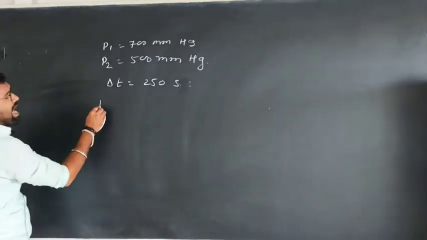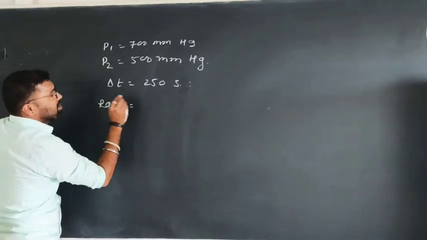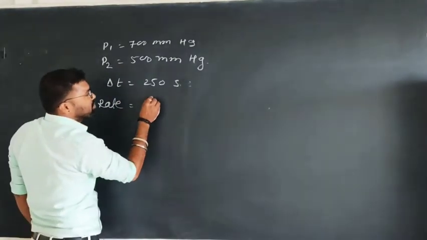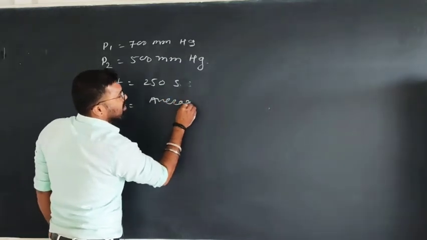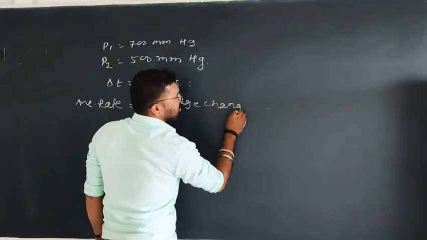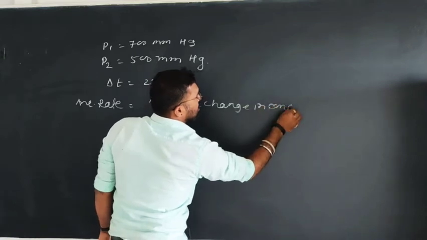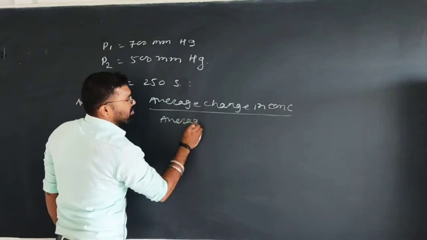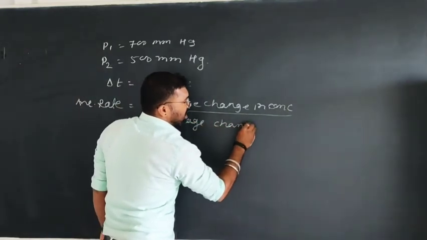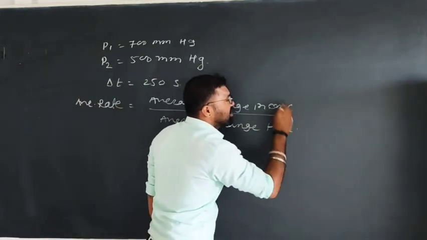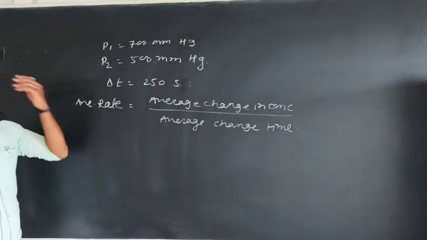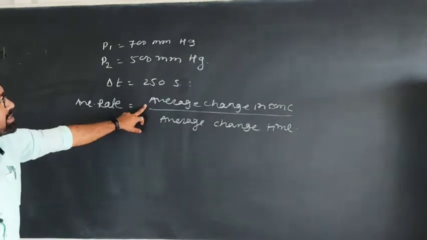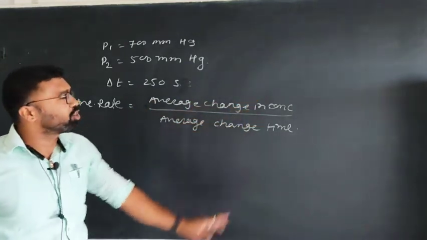Suppose you want to calculate the average rate for this reaction. I write here average rate is equal to average change in concentration divided by average change in time. But the problem is that data is given in terms of pressure, and in the equation there is average change in concentration of reactant.